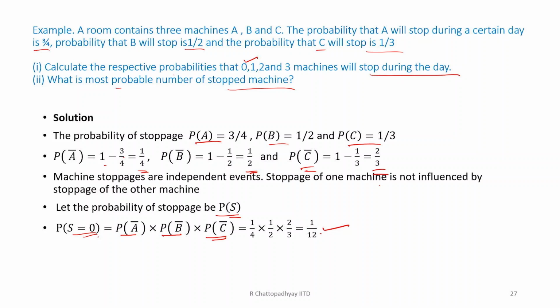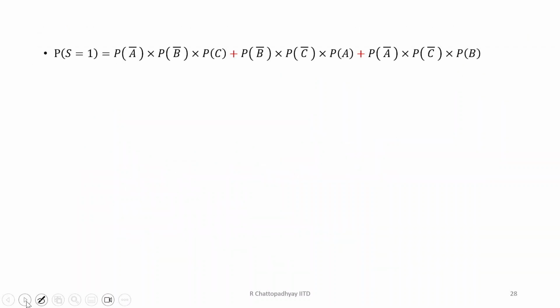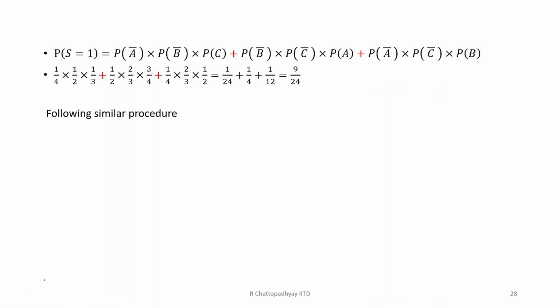So PS equal to 0, this figure is half. For PS to be 1, we have this value. It is this plus this plus this. That is either C is stopping, the rest two are not stopping, or A is stopping, B and C are not stopping, or B is stopping, A and C are not stopping.